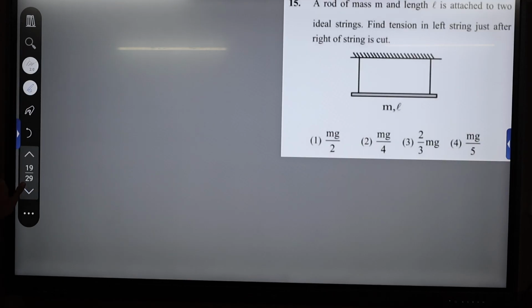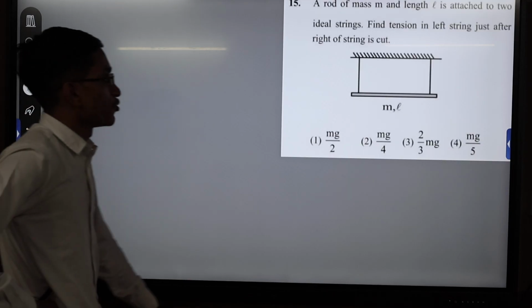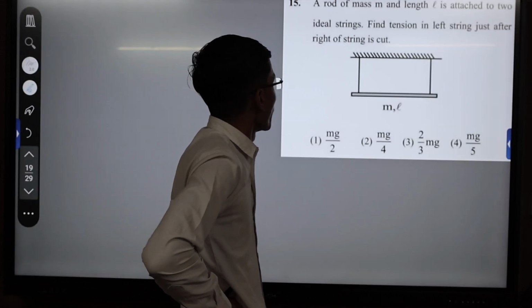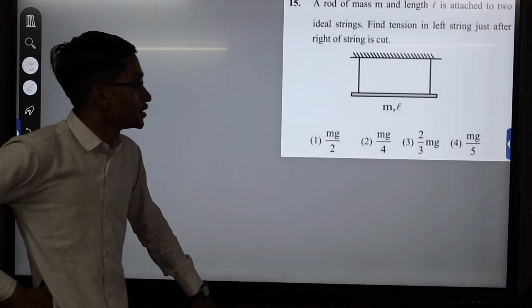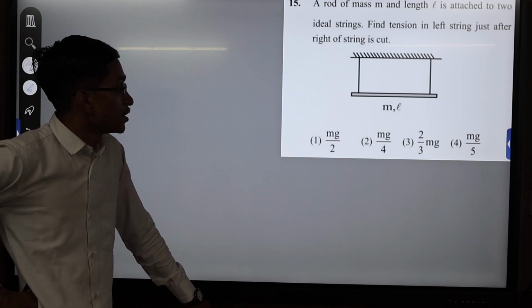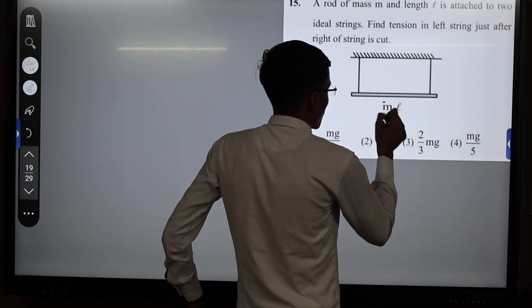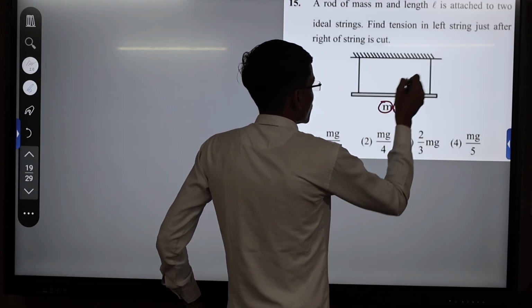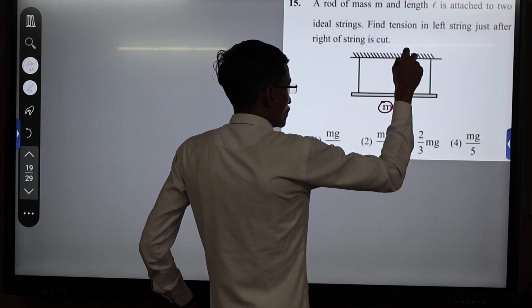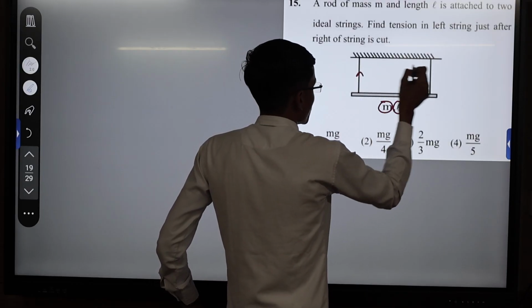Another question from rotation. A rod of mass m and length L is attached to two ideal strings. Find the tension in the left string just after the right string is cut. The rod is initially suspended from two strings.